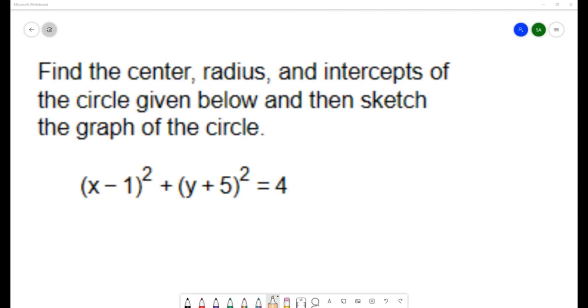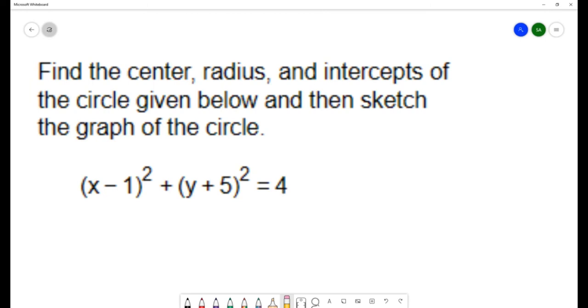On this question, we want to find the center, the radius, and the intercepts of the circle given below, and then sketch the graph of the circle. So the equation that we're given is (x - 1)^2 + (y + 5)^2 = 4.